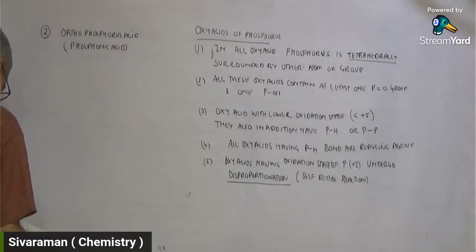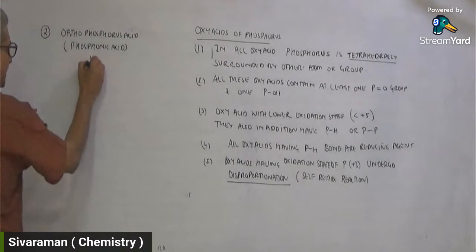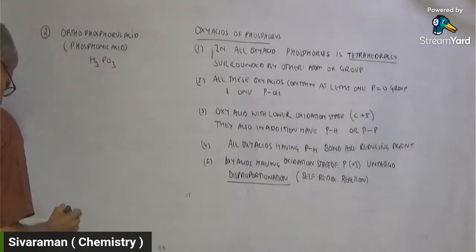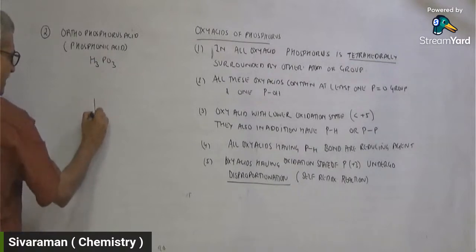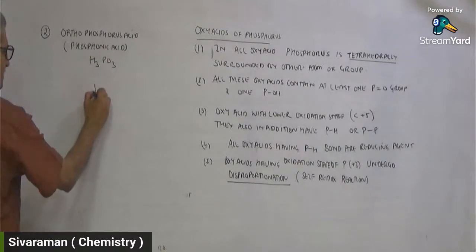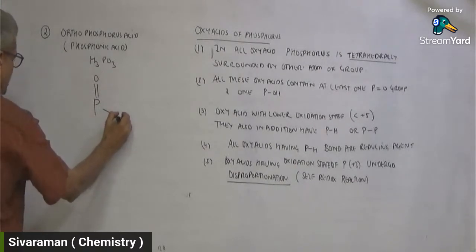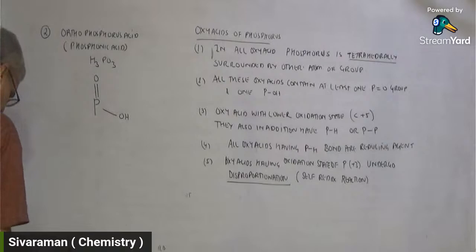We have molecular formula H3PO3. Try to understand what happens over here: we have phosphorus tetrahedrally placed. There has to be necessarily one P=O and one P-OH.